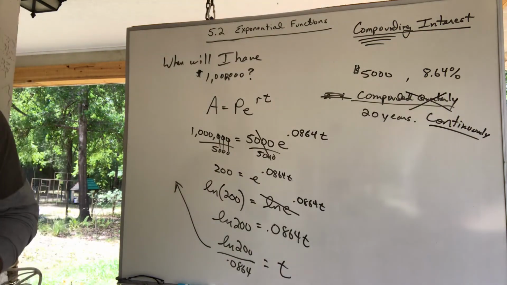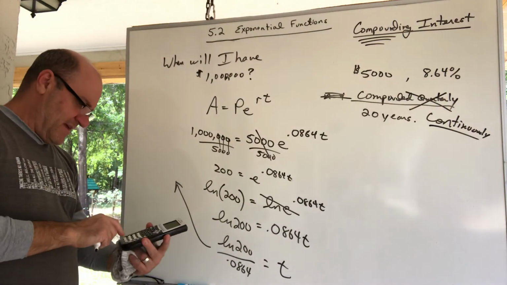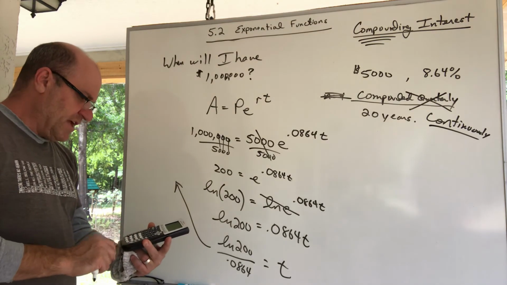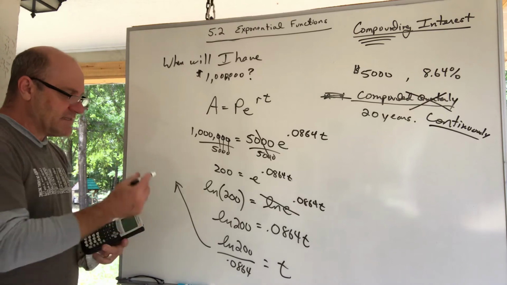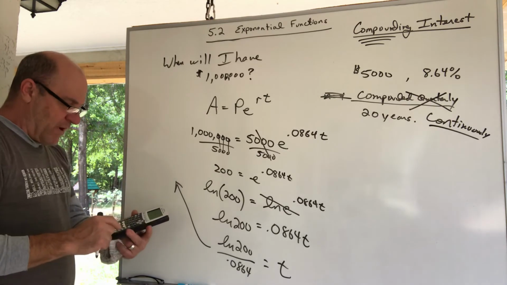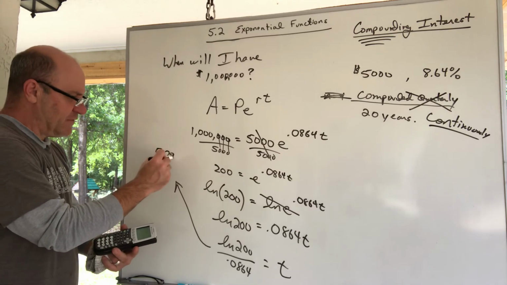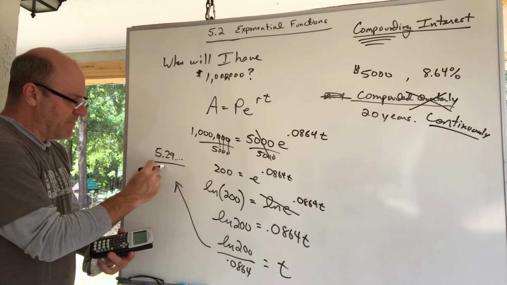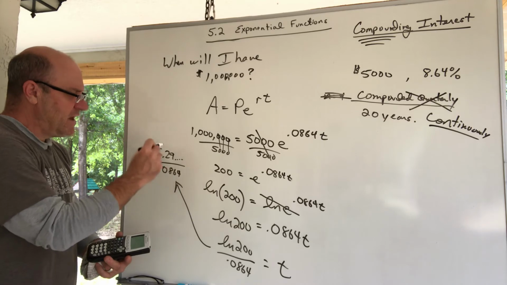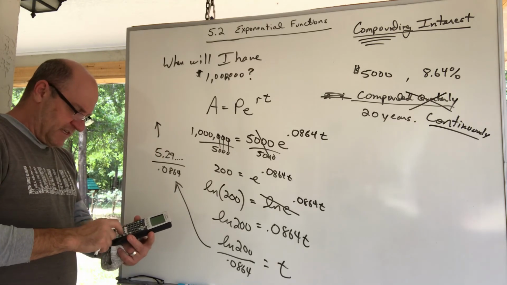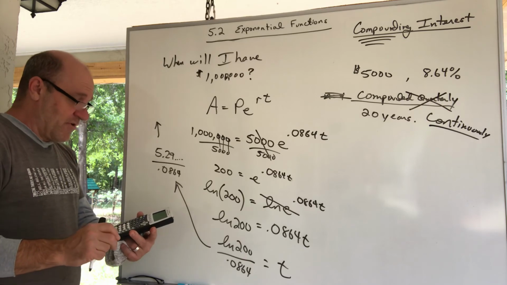The natural log of 200 is not that big a number. It's just 5.29 something. When you divide by 0.0864, the answer is the number of years.